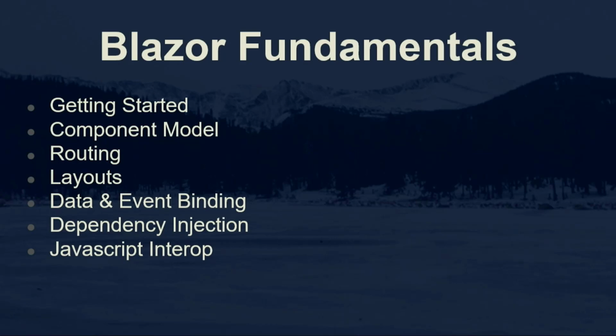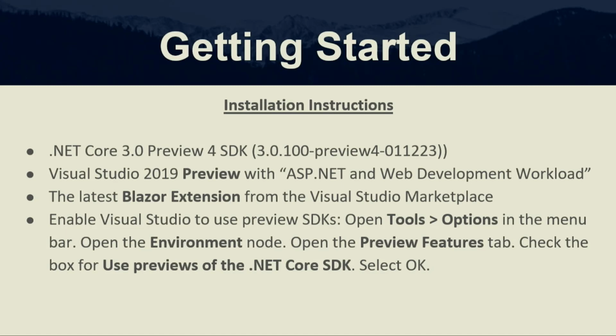Today, if you want to actually start playing with Blazor, it's become a little bit easier than it was when they first introduced it. At least it's now an integrated part of .NET Core 3. So you can download .NET Core 3, any of the more recent previews, and Blazor is part of it. Previously, it was a separate download. This is a bit confusing. Microsoft released Visual Studio 2019 a couple months ago, so you'd assume that the latest version of Visual Studio is the one you should use for Blazor.